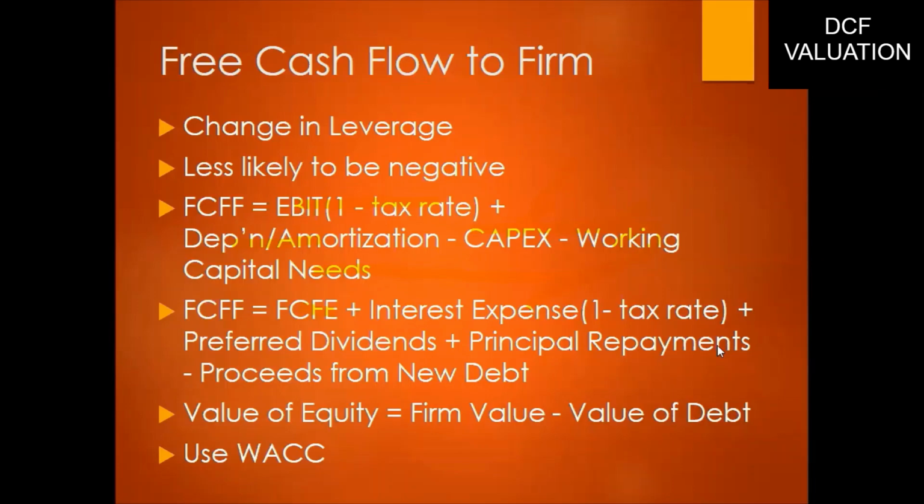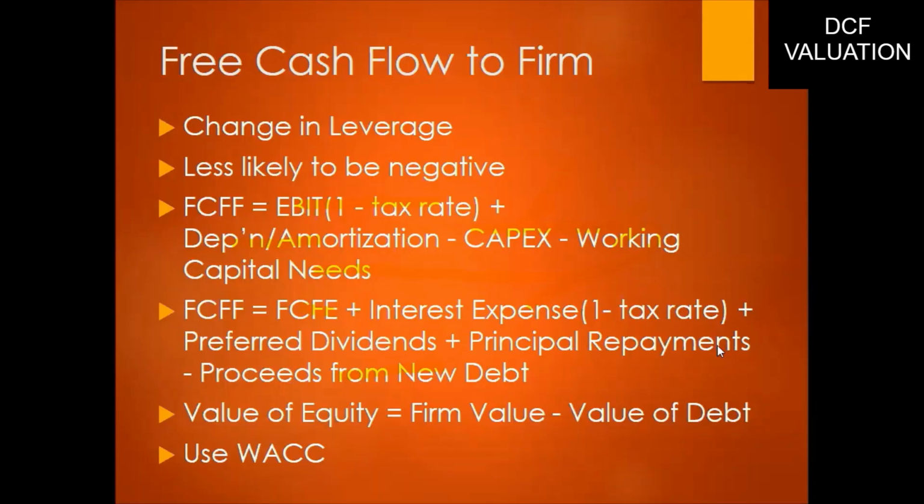Remember, in your free cash flow to equity, you have already deducted interest expense net of tax, since that is already considered in your net income. You have to add it back so that it is free from the effect of financing. You add back preferred dividends, add back principal repayments, and deduct proceeds from your debt. That is if you want to reconcile free cash flow to equity to free cash flow to firm.